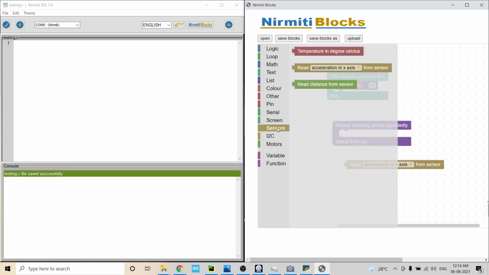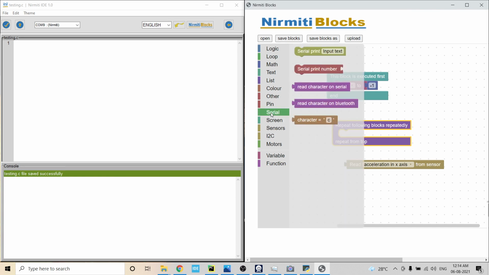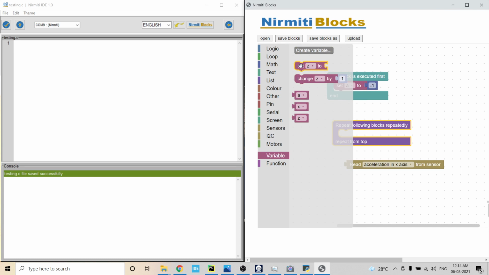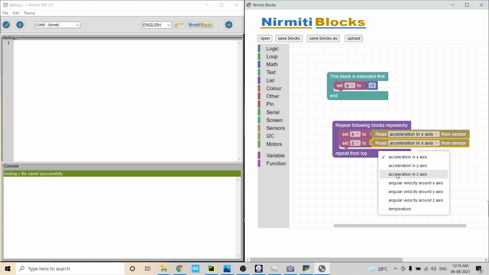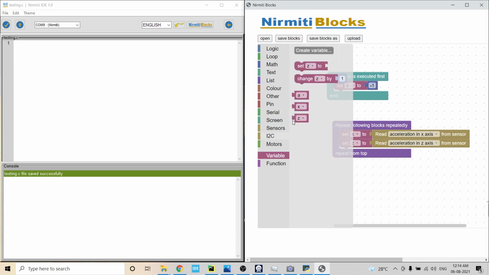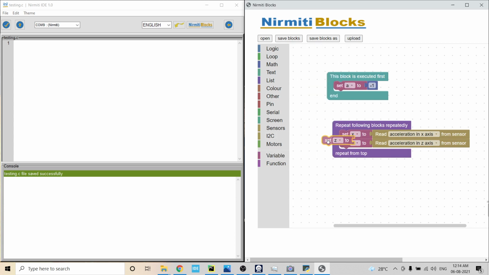Then we will set the variable x to acceleration x, and copy and paste, variable z to acceleration in z axis. Then set A to tan inverse.